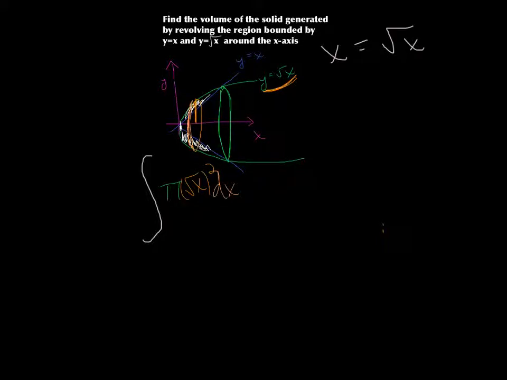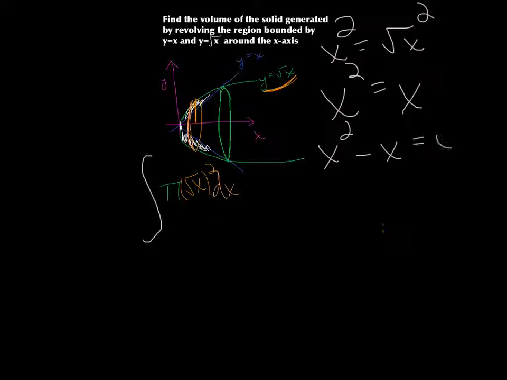The easiest way to do this would be to get it to be factorable. So you would square both sides, so x squared equals, and the square root of x squared is really just x. So you take x squared minus x equals 0, and factor out an x.